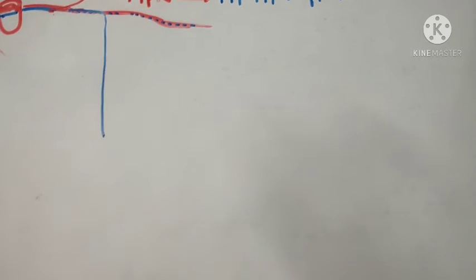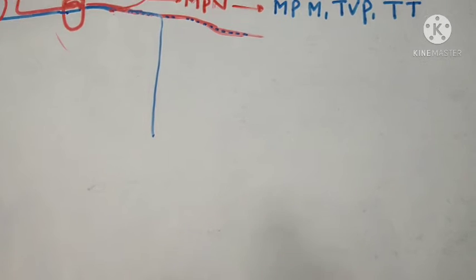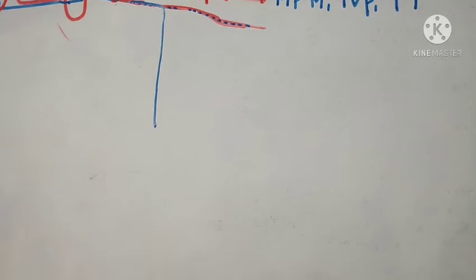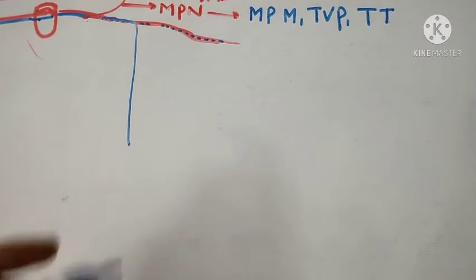Now you must be thinking, sir, how can you say they supply, please make a diagram. Okay, let's see. The anterior division, which is smaller in nature, runs like this.